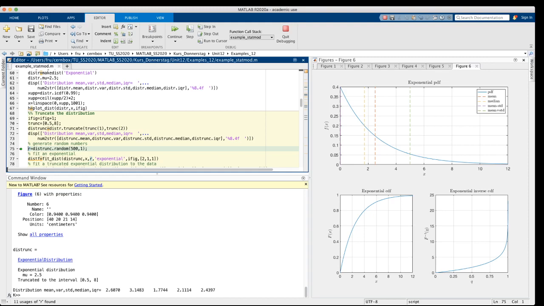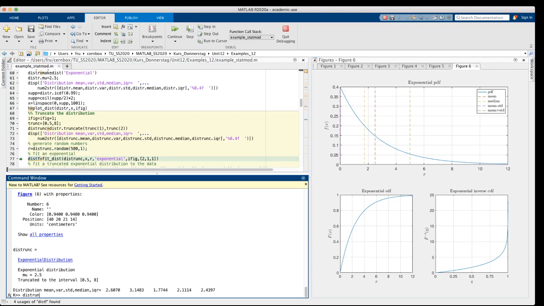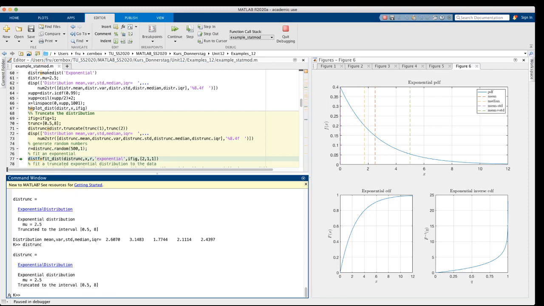What does this distribution look like? Well, let's try to generate a random sample from the truncated exponential distribution with the method random. If we look at this object, this trunc, we see that it is now truncated to the interval from 0.5 to 8. So this information is, of course, stored inside the object.